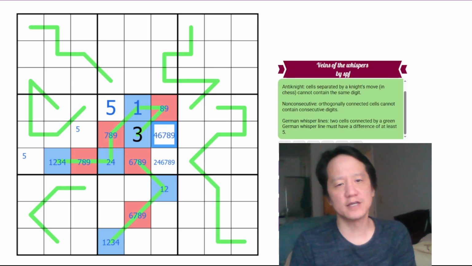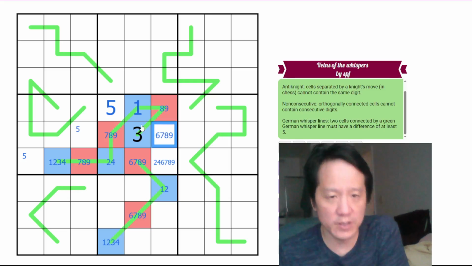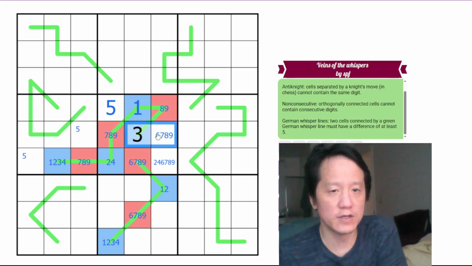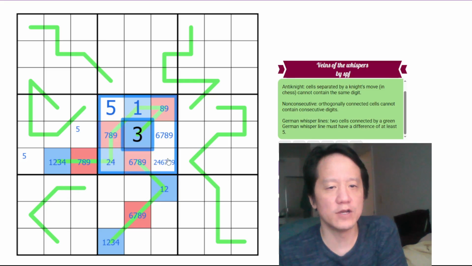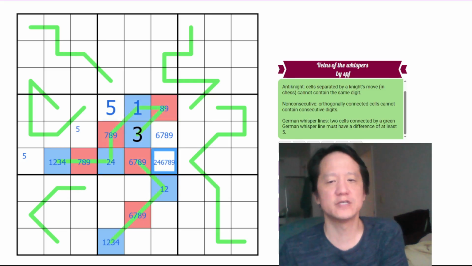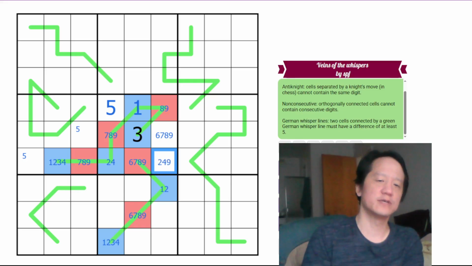This cannot be 2 or 4 because this would be consecutive with the 3. Therefore, we have a 6, 7, 8, 9 quadruple in this central box, which eliminates 6, 7, 8, 9 from the rest of the box. This can't be 6, 7, or 8, 9.